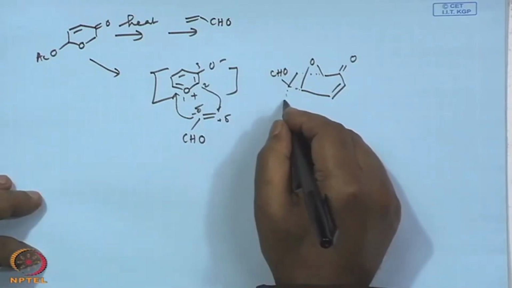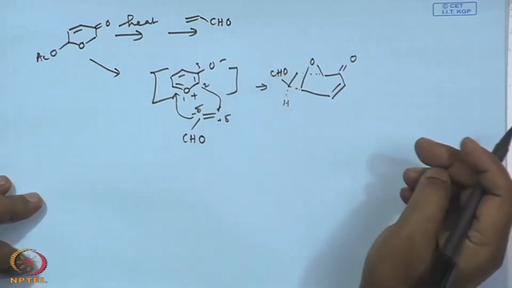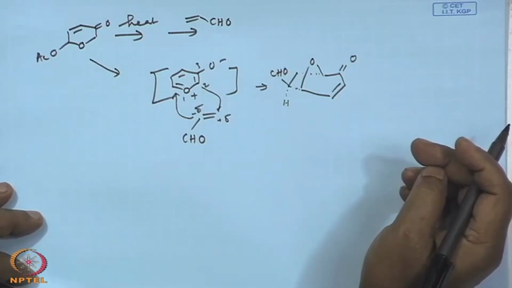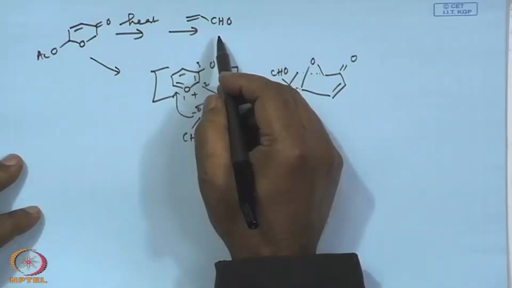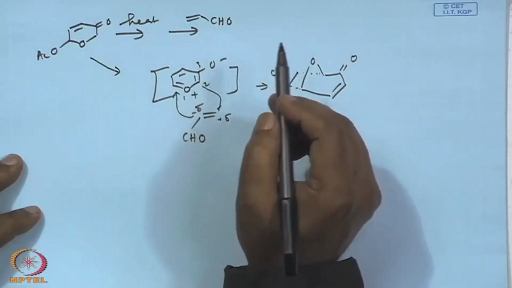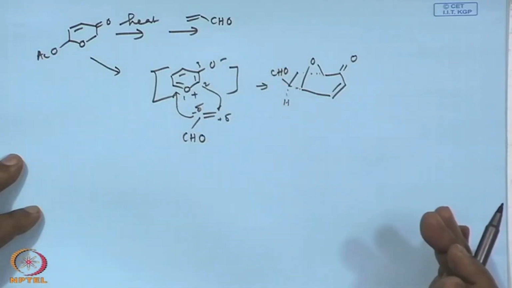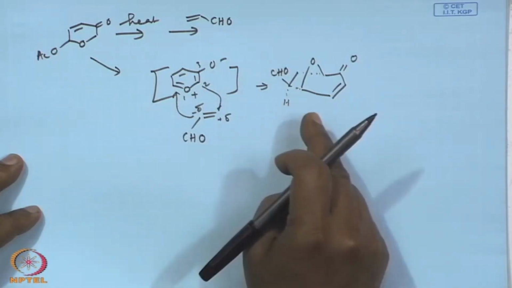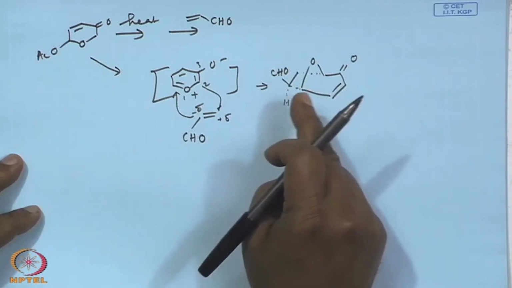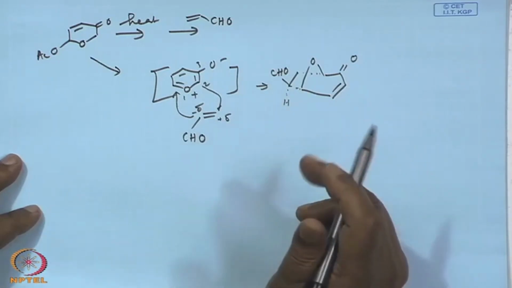And one can ask why this aldehyde is placed here. Well, there are attempts to explain this, why it should be exo and endo, all these things, but they are unpredictable. If you just substitute this acrolein by acrylonitrile, that means cyano in place of the aldehyde, you get a mixture of compounds. So, these are a little unpredictable, but as far as the regiochemistry is concerned, these reactions proceed in the manner we have shown.